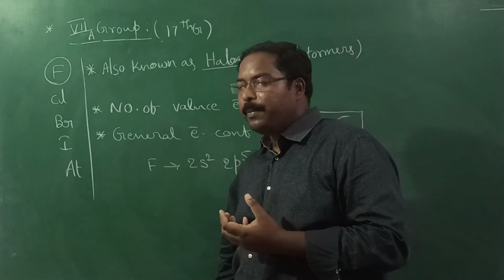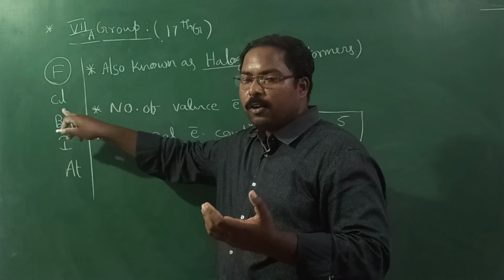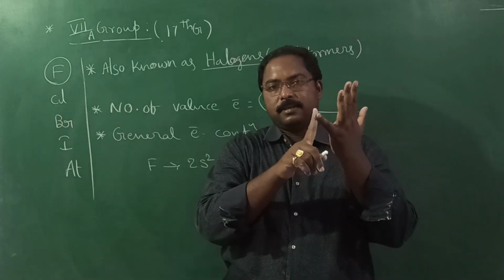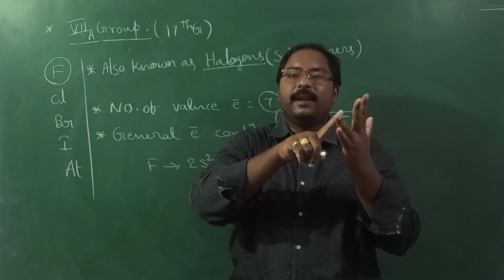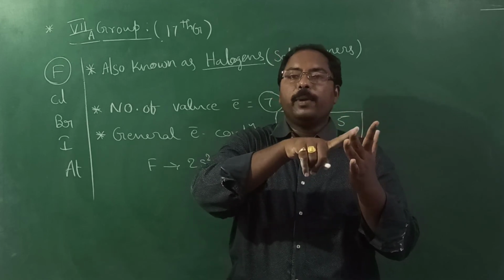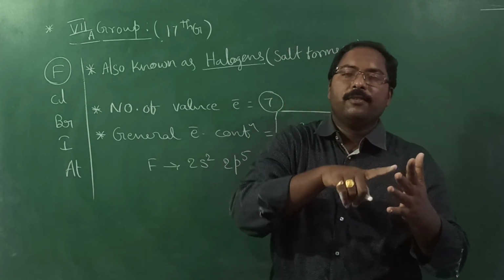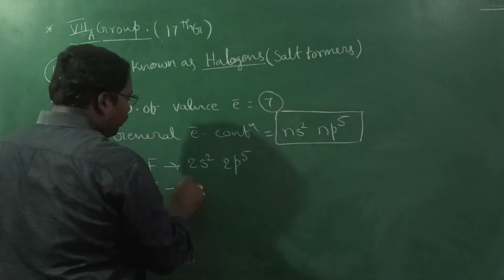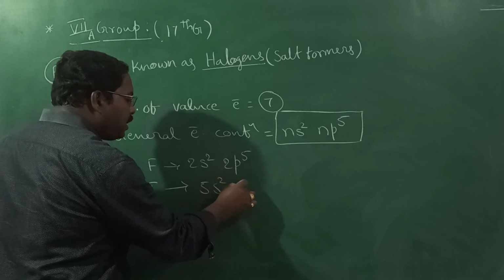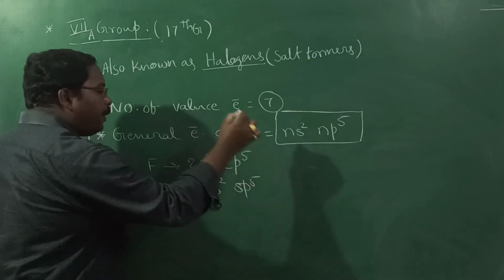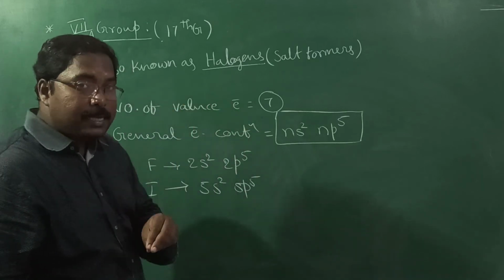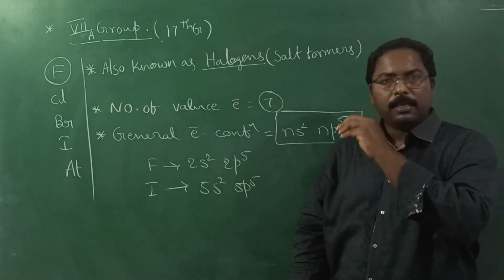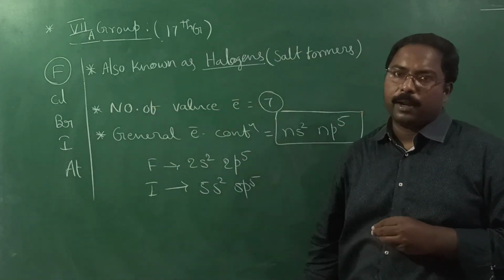Instead of atomic number wise, if you remember fluorine second period, chlorine third period, bromine fourth period, iodine fifth period, then if I ask for iodine, you can simply write it as 5s2 5p5. That is why I told you to remember the elements of all these groups whatever I give you.